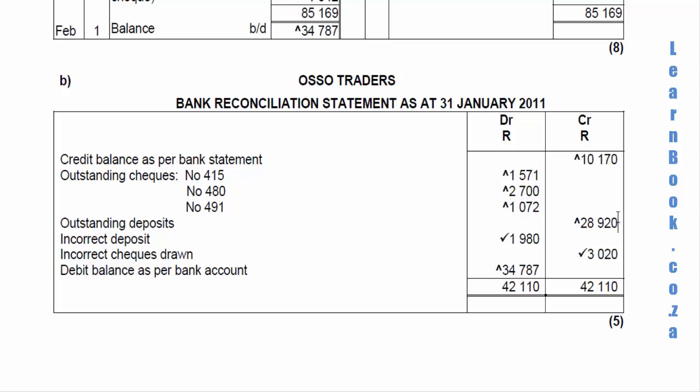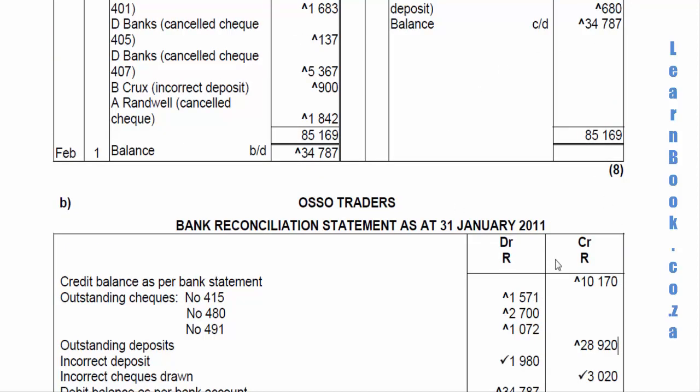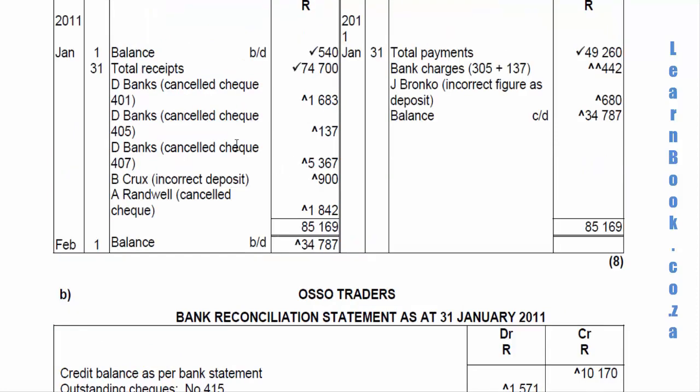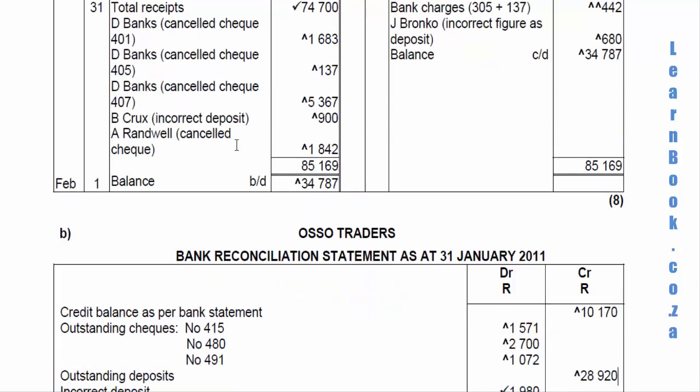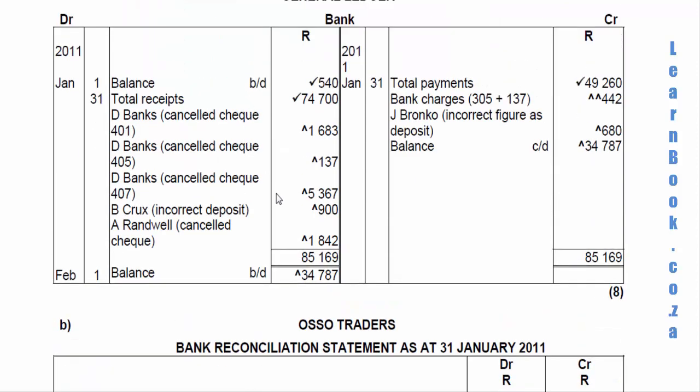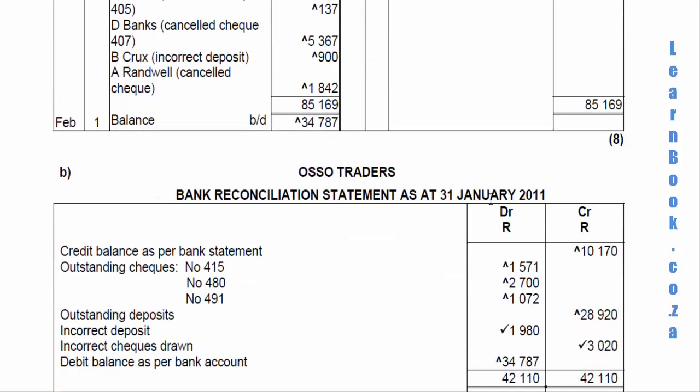We are waiting for these deposits because they are outstanding and they belong on the credit side. Therefore, we need to show them and reflect that we have updated our bank ledger account, increasing it by 28,900, but it has not reflected in our bank statement.